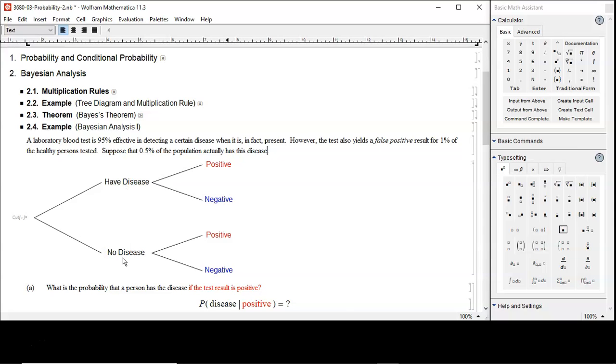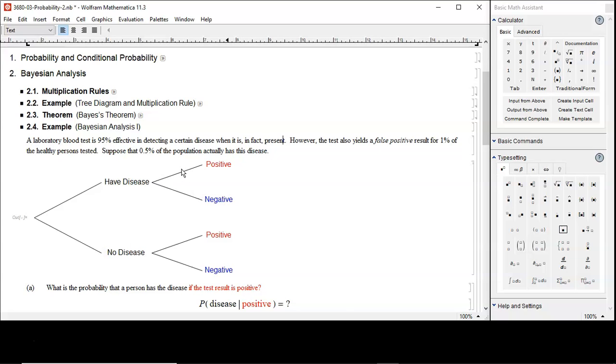Now, disease, no disease, we have said. And then we go to the next step, second row. And that's the conditional probability part, positive, negative for each category. Another indicator is here, 95% when it is present. We have the keyword when. That's an indicator that this is a conditional probability, right? So that probability applies to the conditional probability when the disease is present.